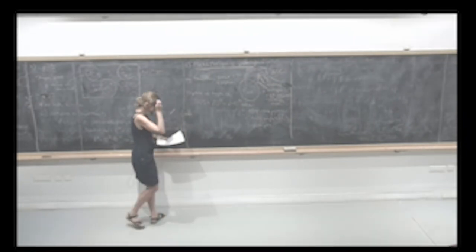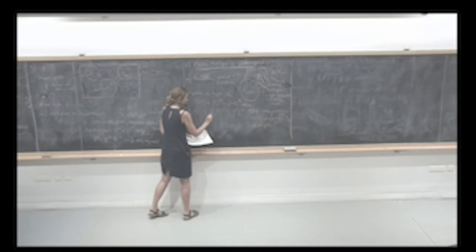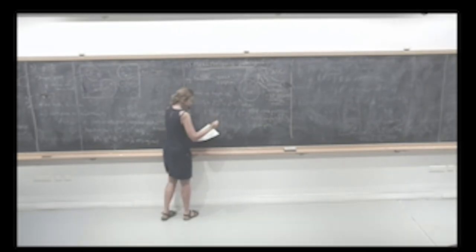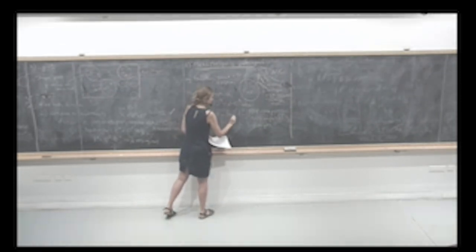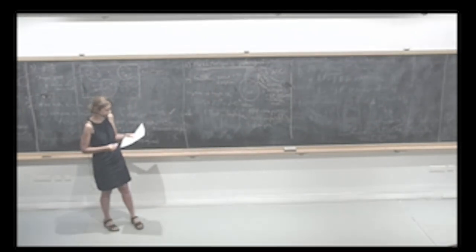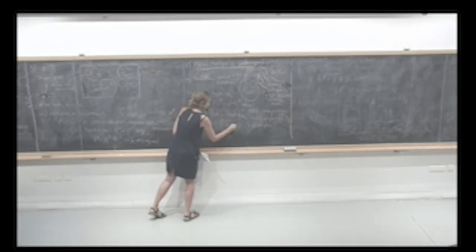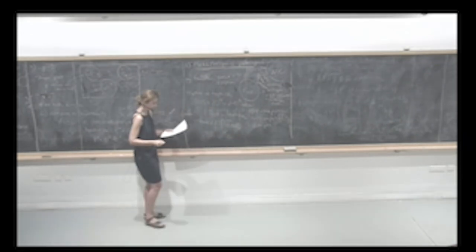If the way the repertoire works is 1 T cell recognizes 1 antigen, that means I need 10 to the 14 different T cells.